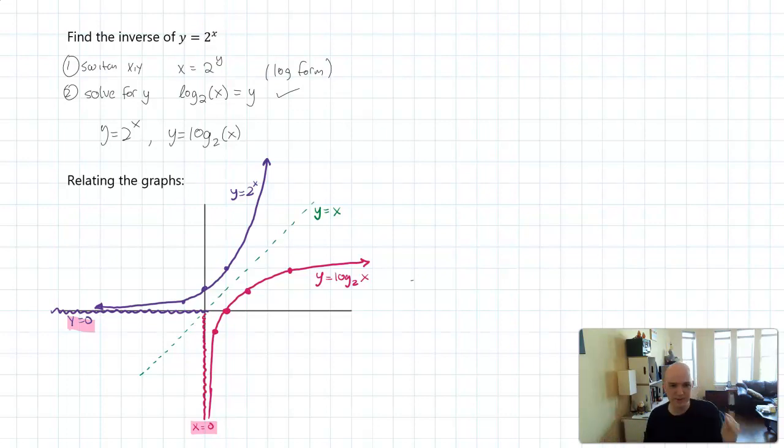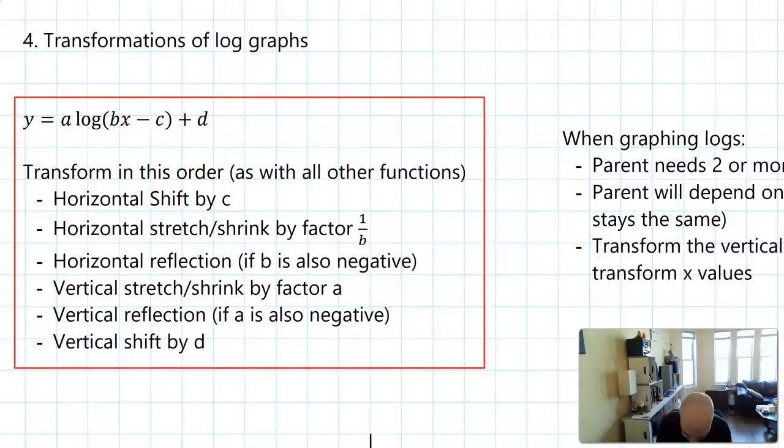This is really nice with the parent functions, and it still technically works with transformations, but it's much harder to execute than just learning how to transform the graphs of logs themselves. So even though they are related to the graphs of exponential functions, I expect you to treat the graphs of logs as their own parent function, that you know everything about their graph and how to graph it independently of exponential functions.